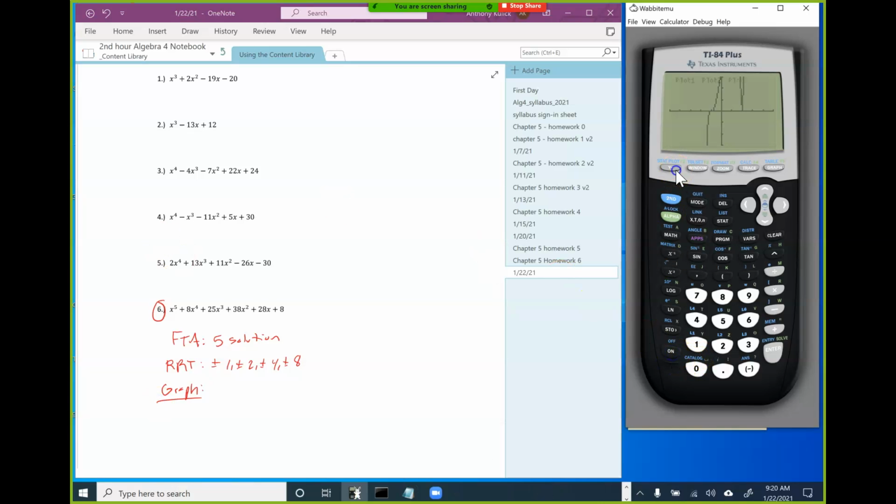Let's fire up our calculator. I'm going to go ahead and type that in there exactly as it's written.